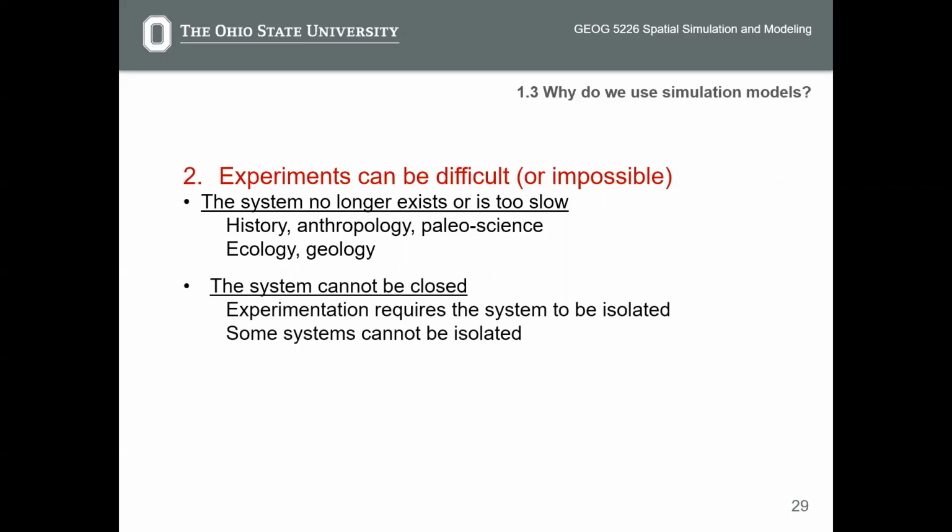Some systems cannot be closed, which means that most experiments require the system to be isolated from the surrounding environment, but some systems cannot be isolated. For example, some social experiments.